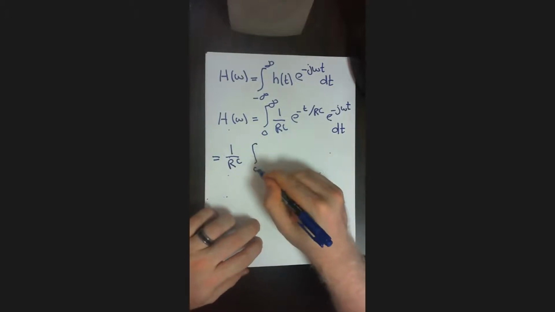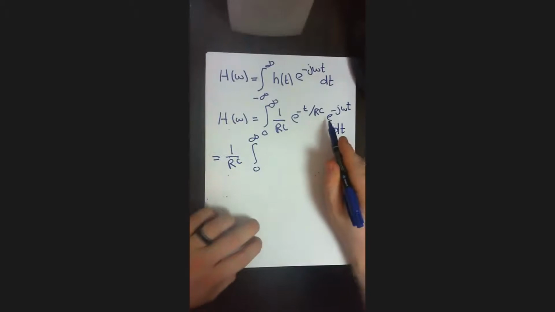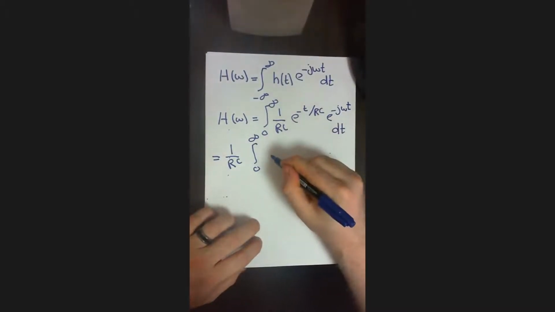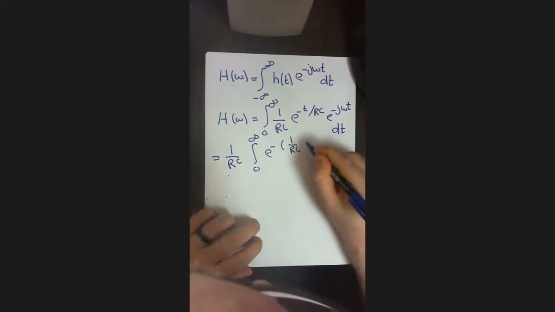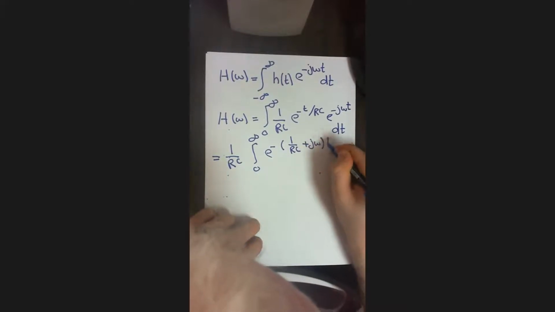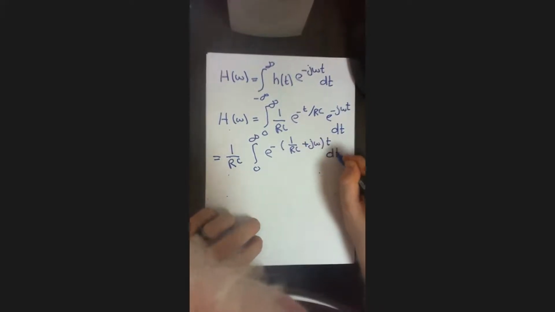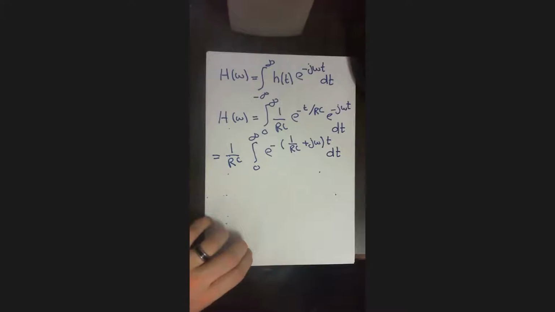And then this is the integration from 0 to infinity of e power minus t over RC, e power minus j omega t. So simply this is e power minus 1 over RC plus j omega all times t dt. Again, remember the rule for integration in case we have an exponential.